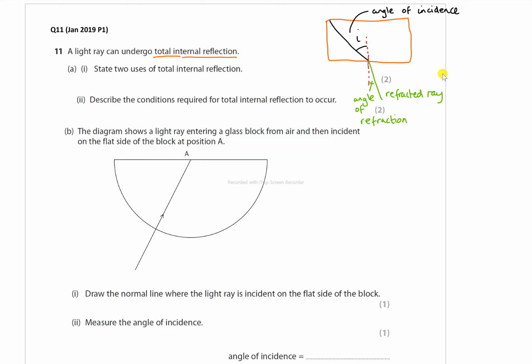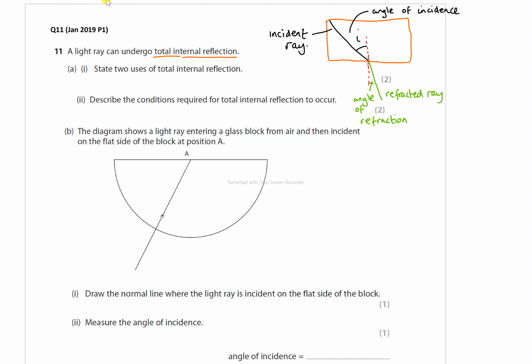This is the angle of incidence. This is the incident ray. Is that the right word? No, incident. That's the angle of incidence.